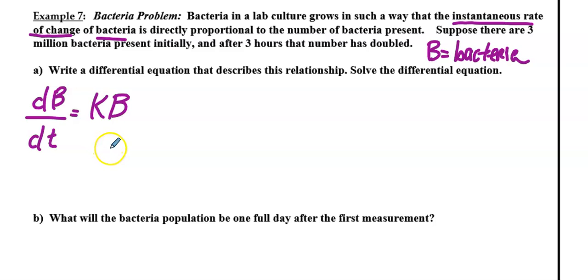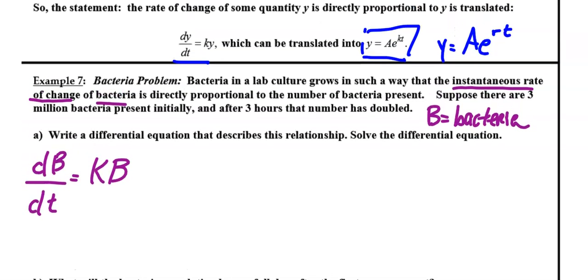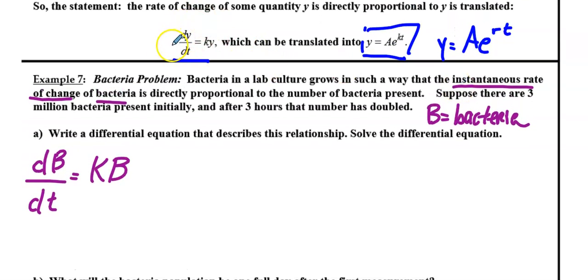Now, this is where you do not have to go and do this solving the differential equation again. And it says solve it, so yes, we technically would. But I want you guys to know that, going back up here, these letters are interchangeable with each other. So you can see that these are Y's here. Well, these are B's here.